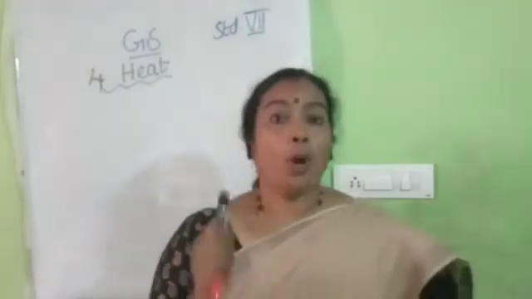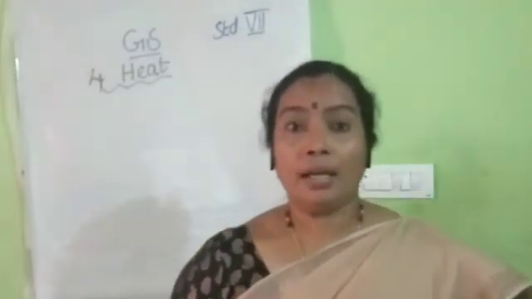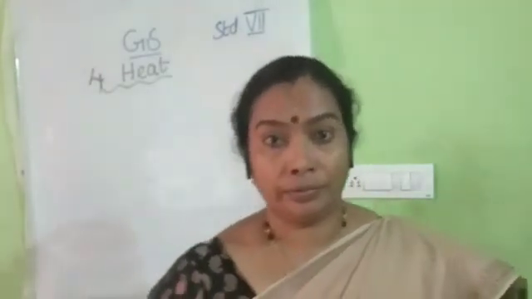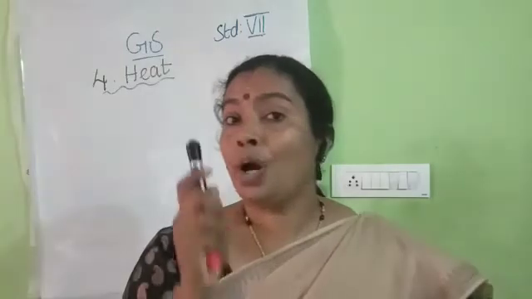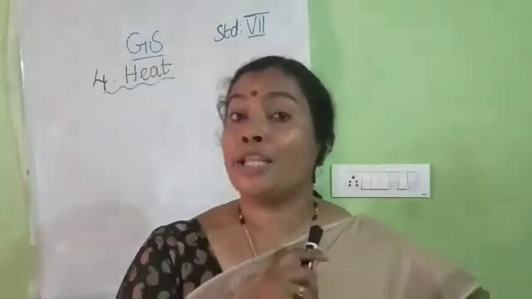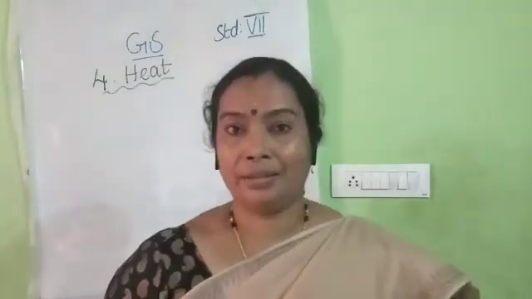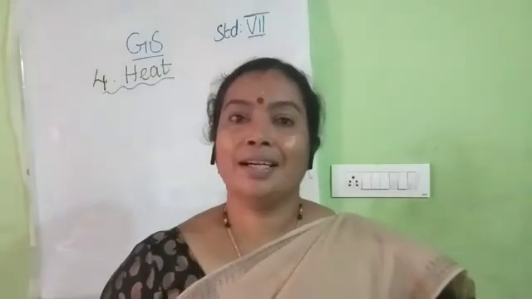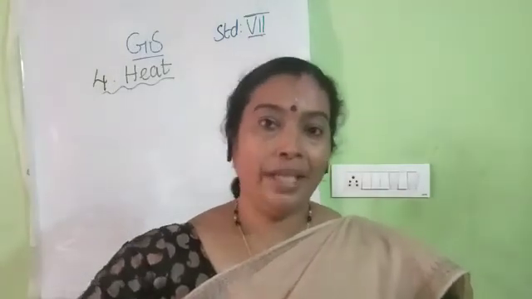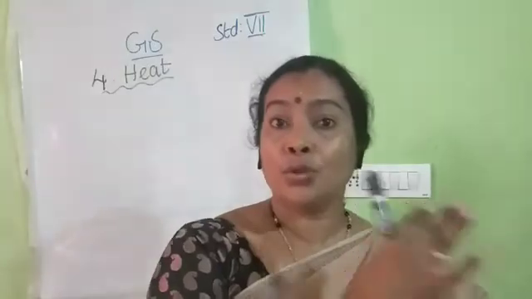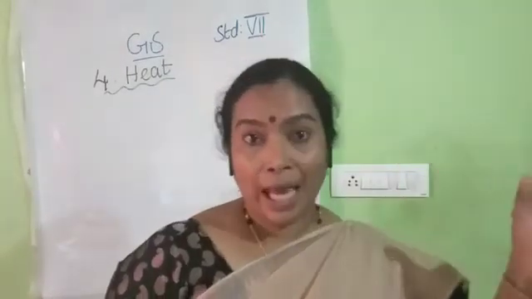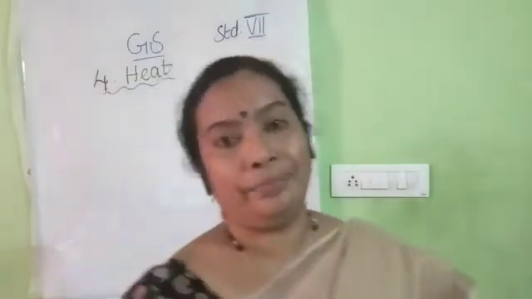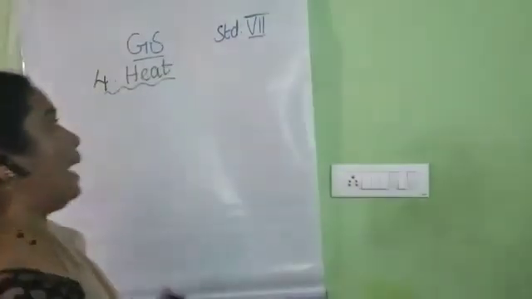And one more interesting phenomenon we are going to discuss now. I know most of you are living in the coastal area. The people who live in the coastal area experience this phenomenon: the wind blowing from the sea towards the land and the wind blowing from the land towards the sea. Both happen.